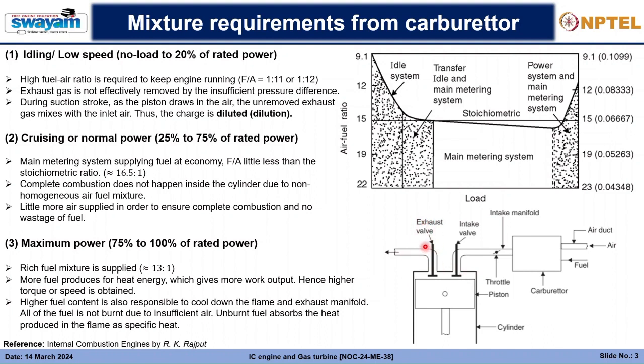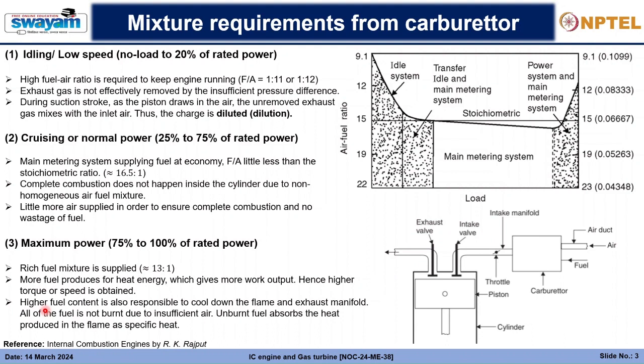Since the fuel is in liquid state and has a particular specific heat capacity, the thermal mass of the liquid fuel will take away the heat of the exhaust valve, and it will maintain the exhaust valve at a particular temperature. So that is the case.